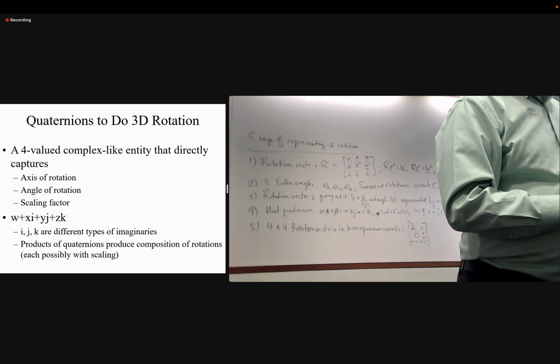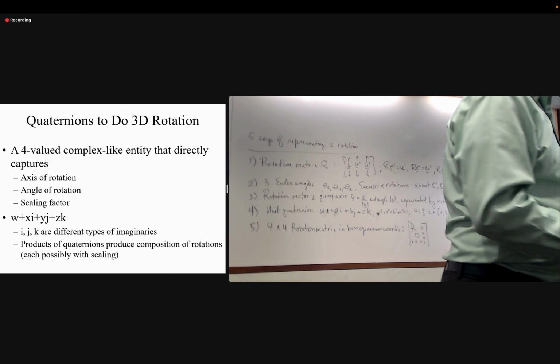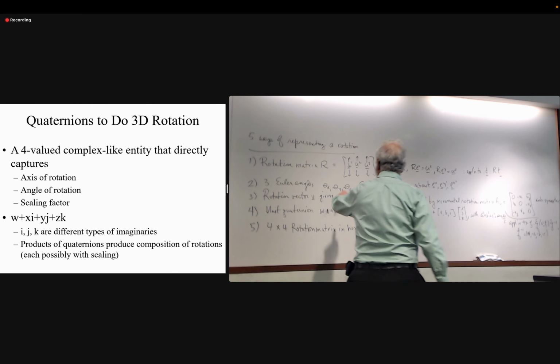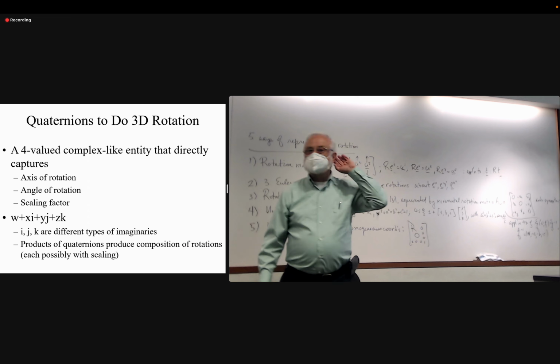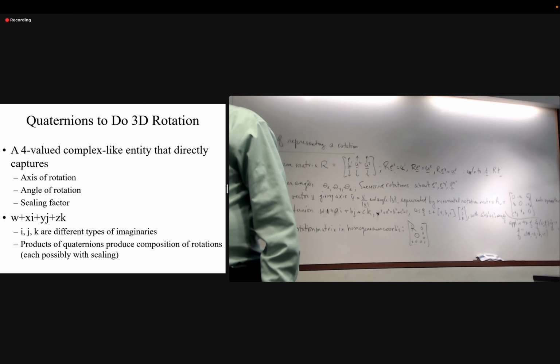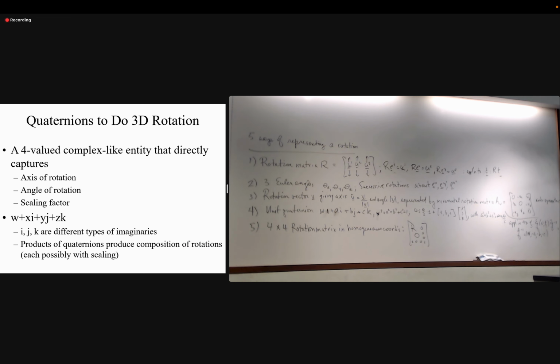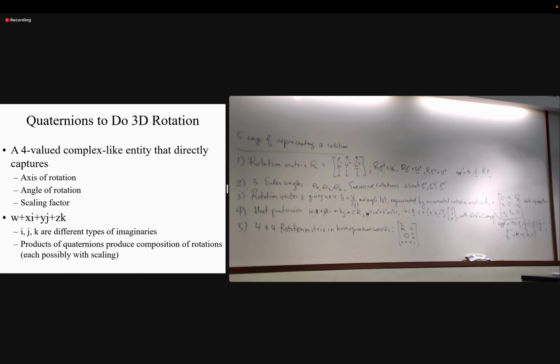How many degrees of freedom? How many free numbers do you have here? Three. You can choose theta x, you can choose theta y, you can choose theta z, they all work. No constraints.